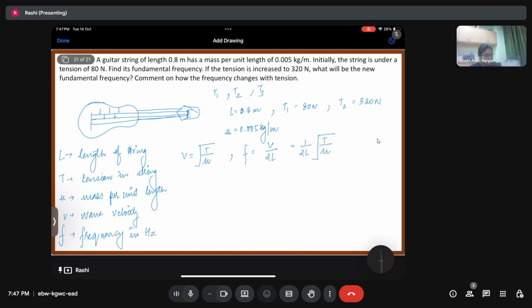So for the first case, when we have T1 as 80, we have the frequency as 1 by 2 into 0.8 into under root of T, which is what? 320 divided by 0.005.